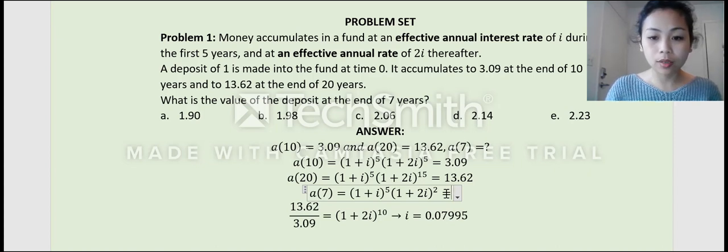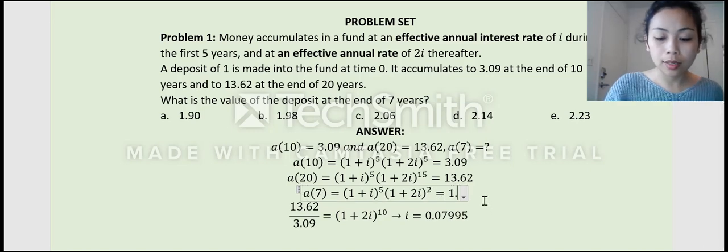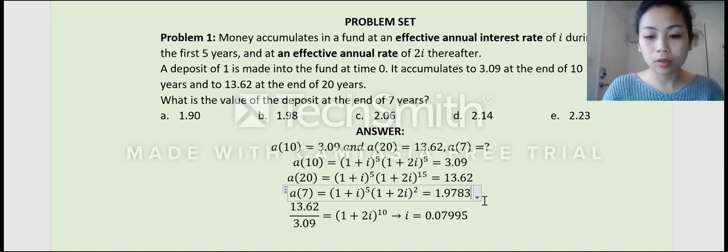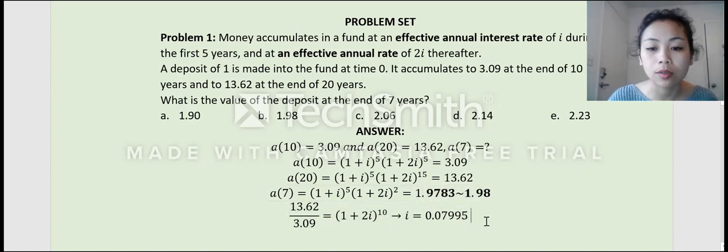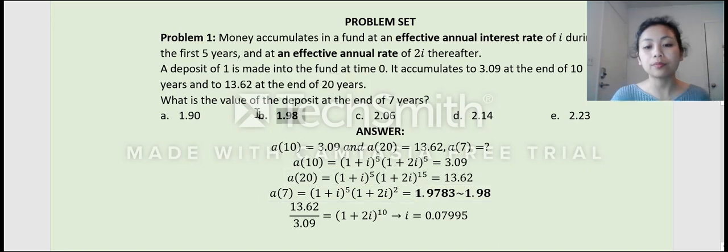So A7 is 1.9763, and is around 1.98. So answer B. You see that? Answer B. So B is the correct answer. So that is the first problem.